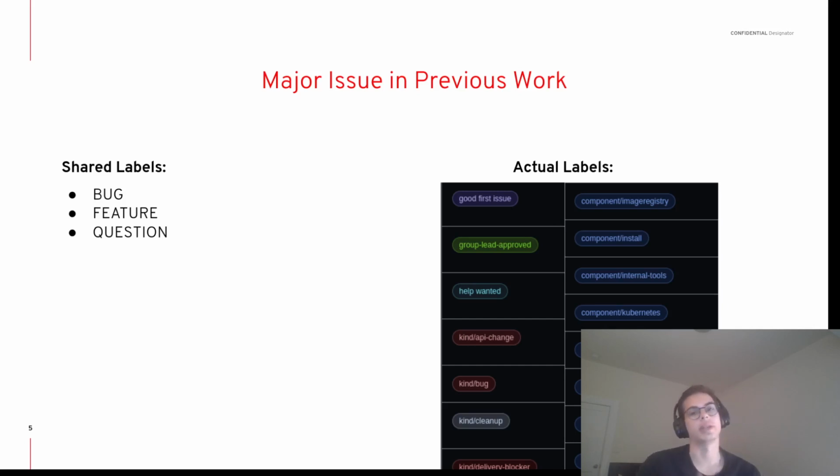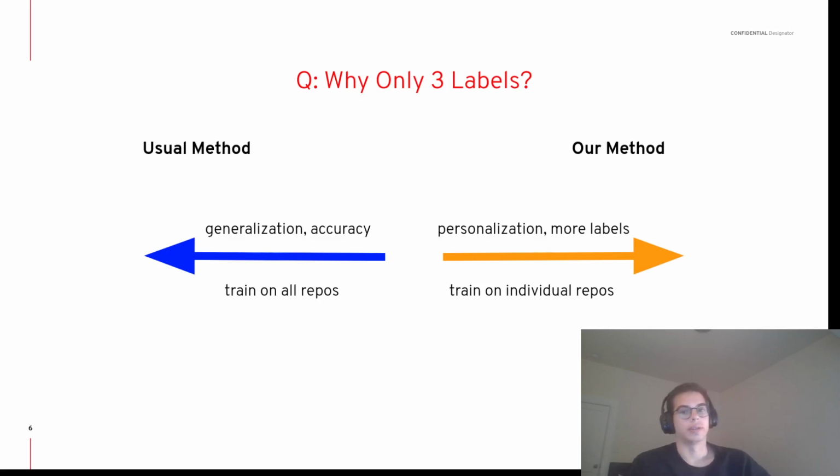We would have to train it specifically on the OpenShift origin repository to be able to predict this tag. So the trade-off is that their method could be generalized and more accurate because they train on so much more data, but we have a lot less data, but our models will be personalized to repositories and they'll be able to predict a lot more labels.